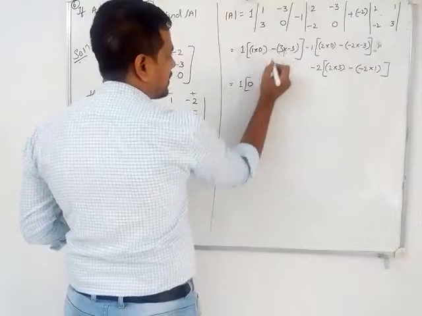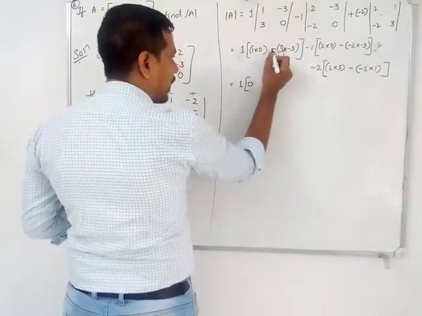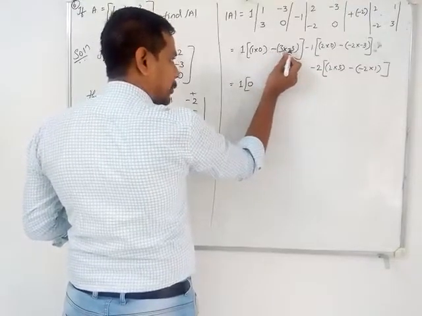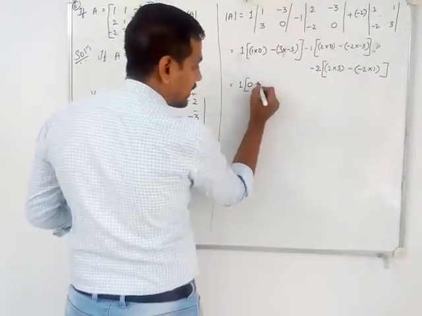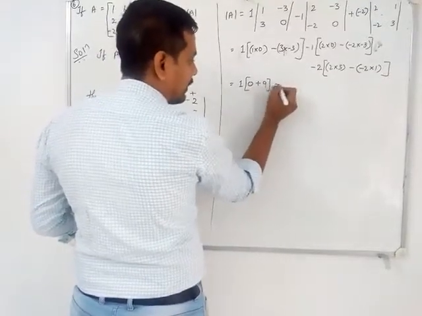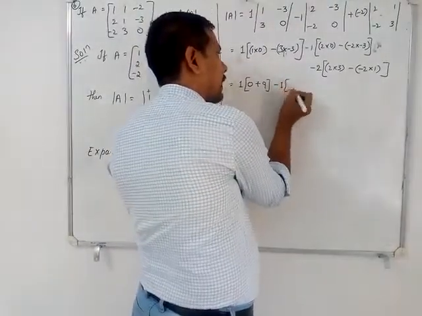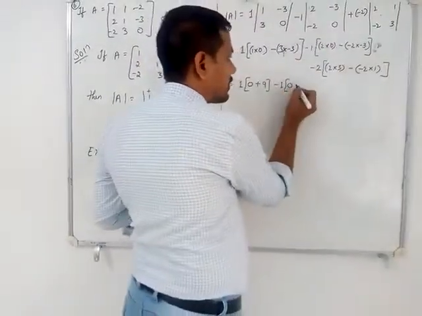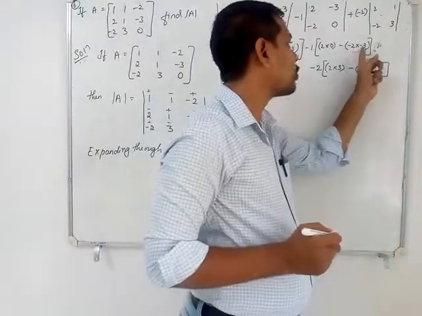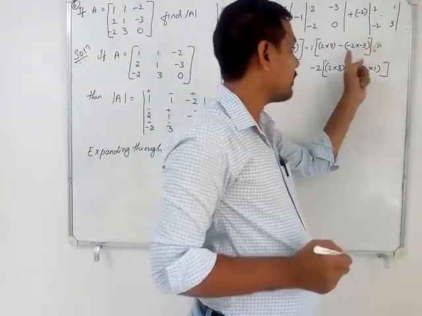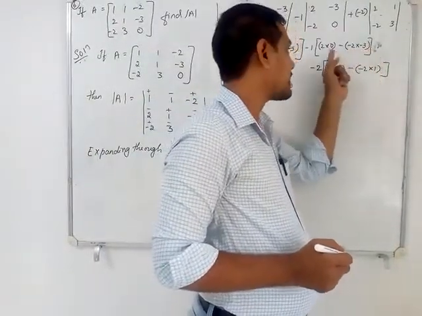1 into 0 is 0. Minus 3 into -3 is -9, -9 into minus is +9. Minus 1 into 2 into 0 is 0. See, -2 into -3 is +6, and +6 into -6.